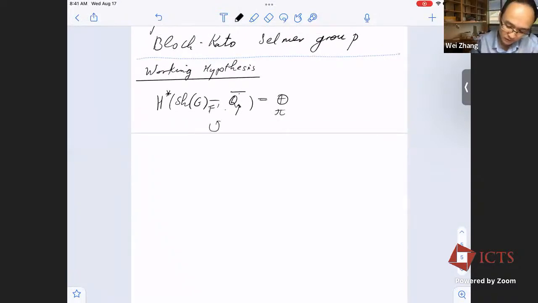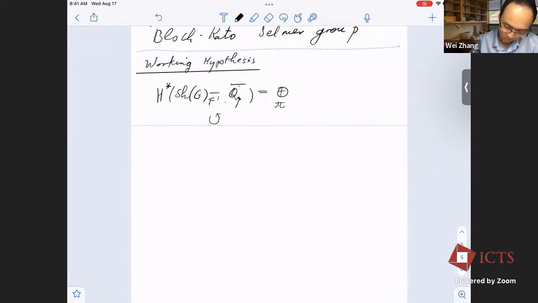This has two group actions. One is the Galois group, the absolute Galois group of F prime.